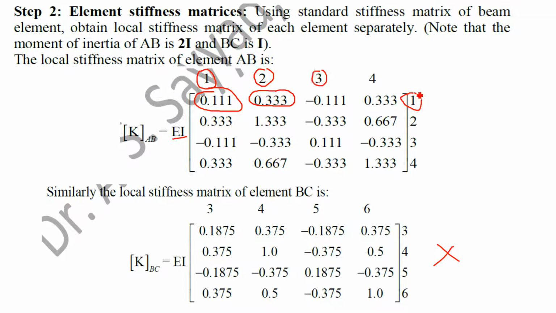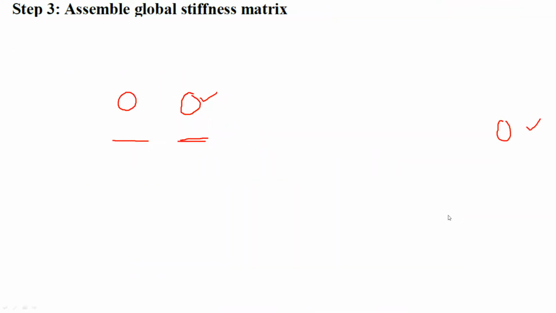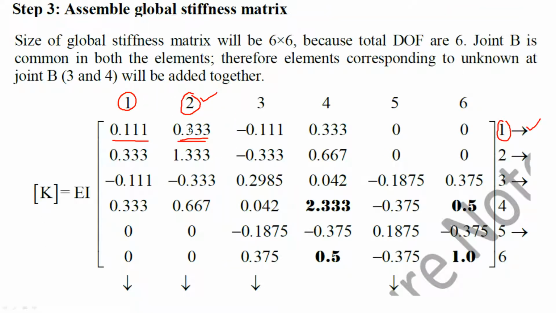Then column 3 and row 1 is minus 0.111, and then column 4 and row 1. These combinations are only in the first matrix. They are not available in the second matrix. So with these combinations, this global stiffness matrix is written.